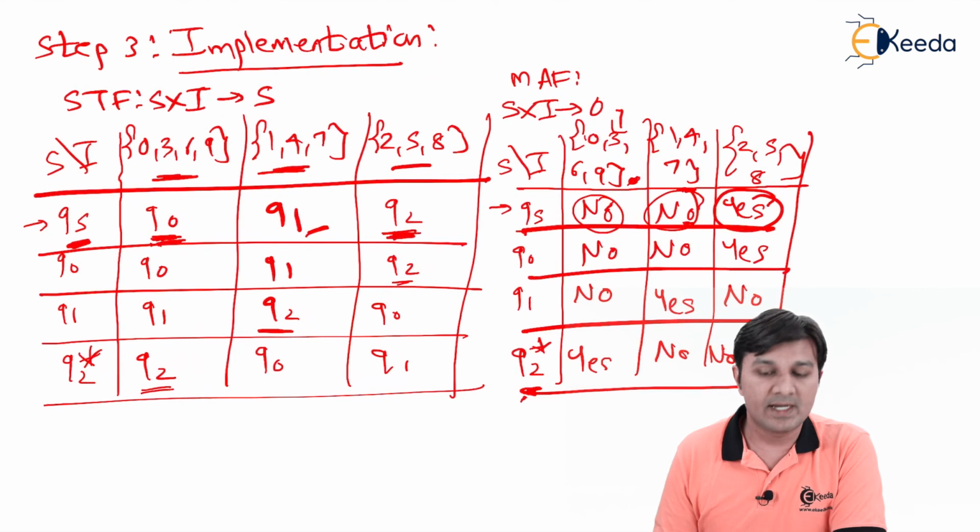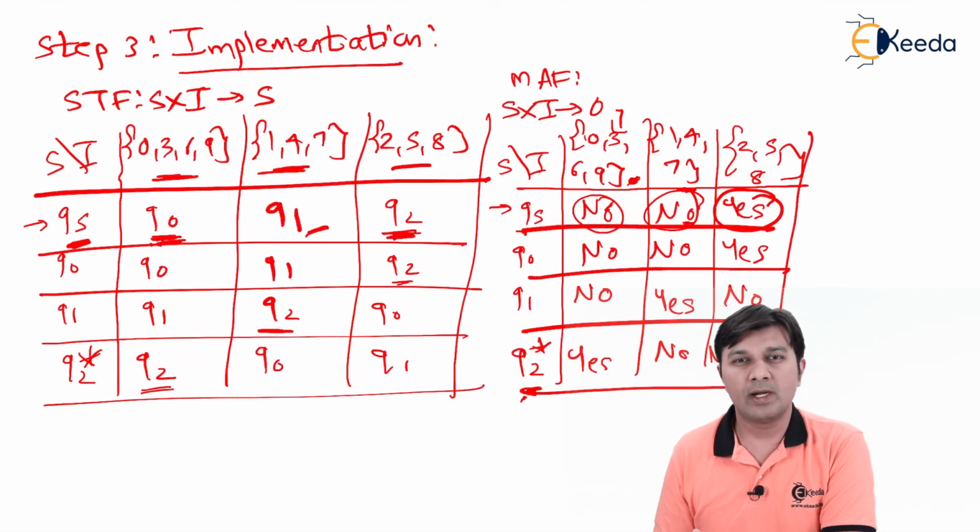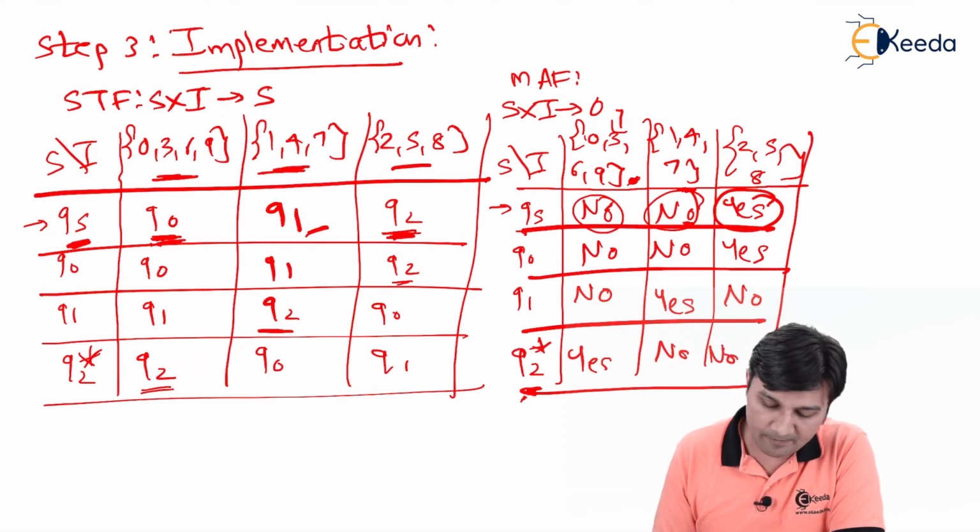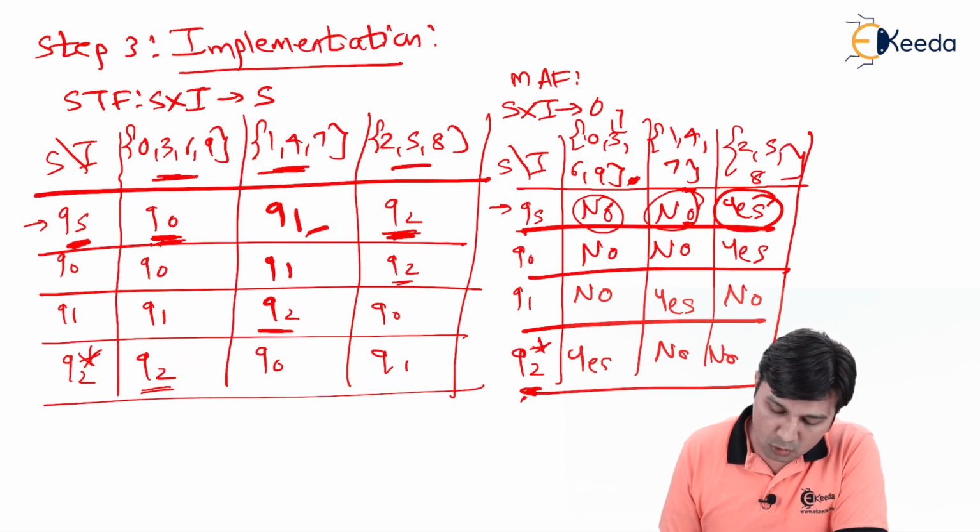Similarly, we are going to fill the entire diagram. So let's now go on in a bit faster manner. Q0 again goes to Q0.